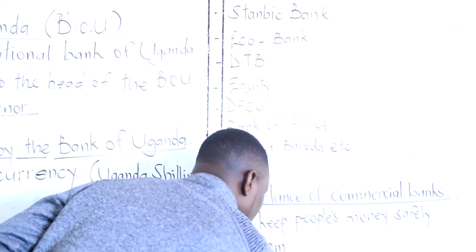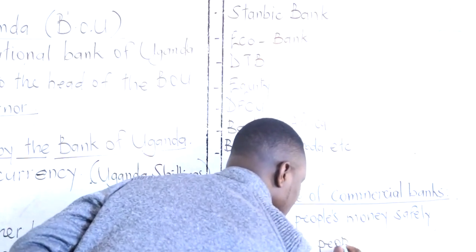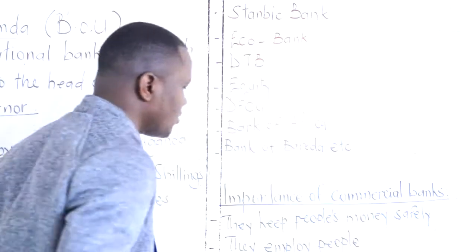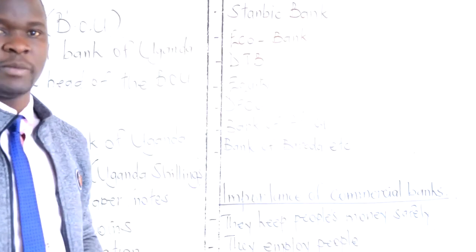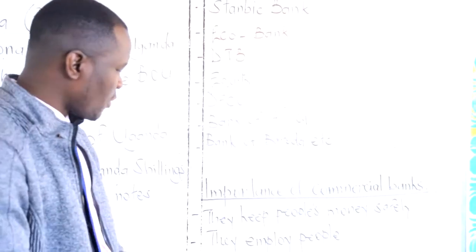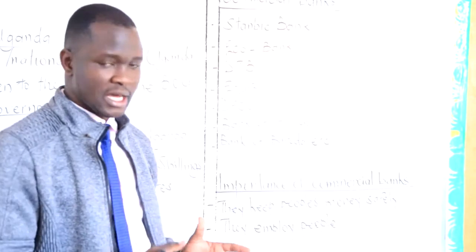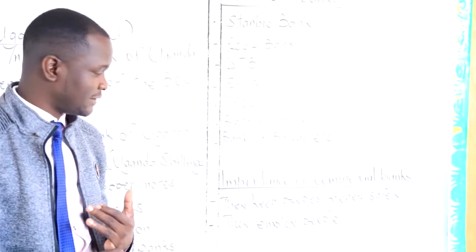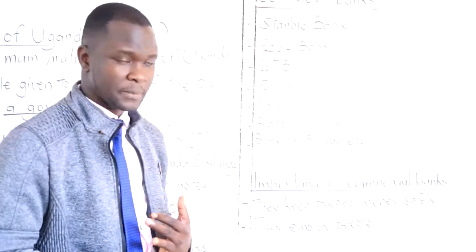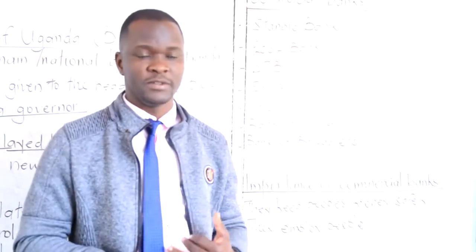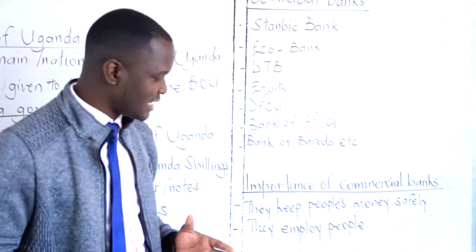Then two, these banks employ people, which means these commercial banks create jobs for the people in our district. An example: when you go to a commercial bank, the first worker you find, we call them employees, is the askari at the gate.